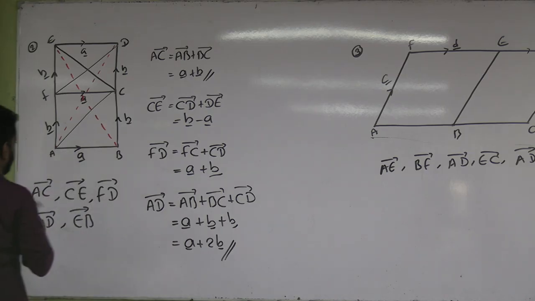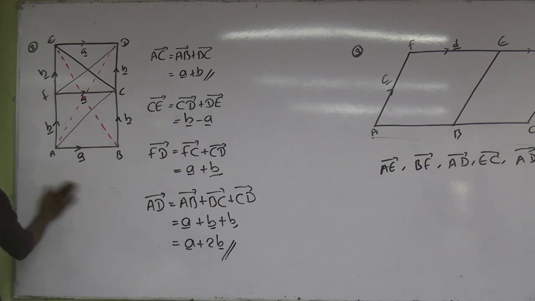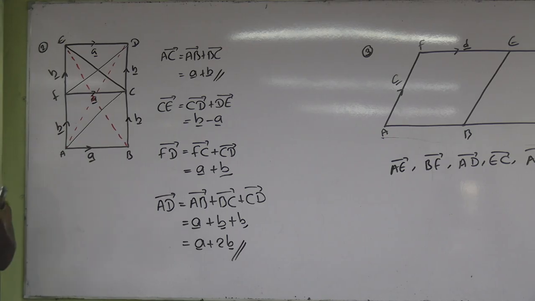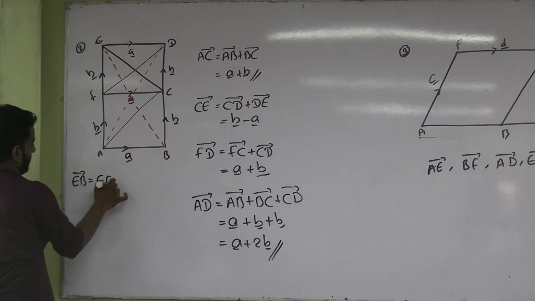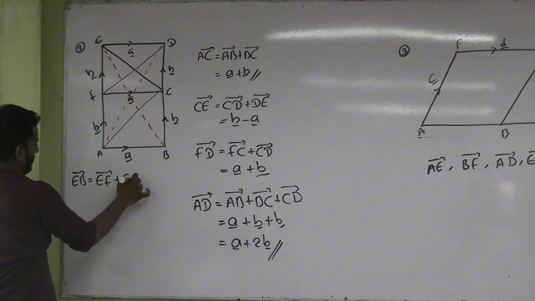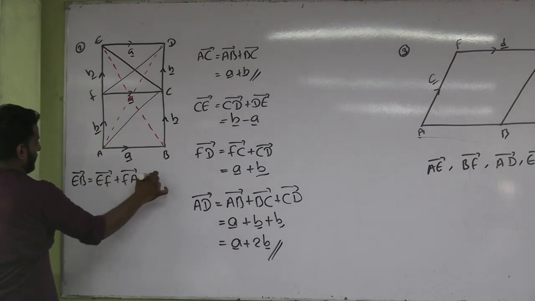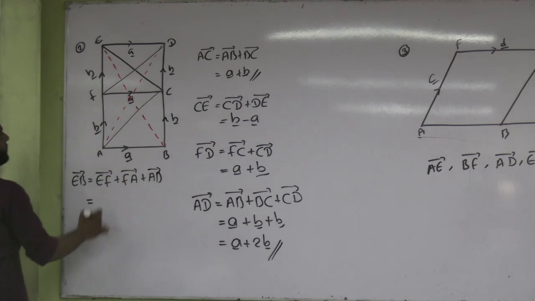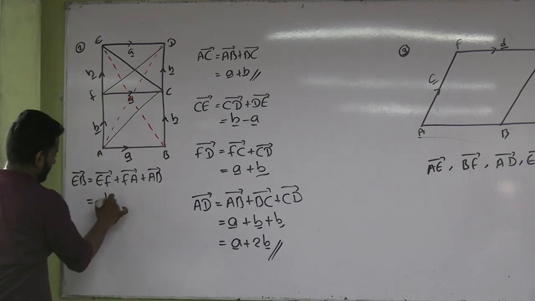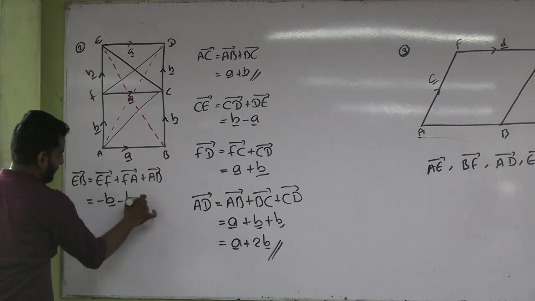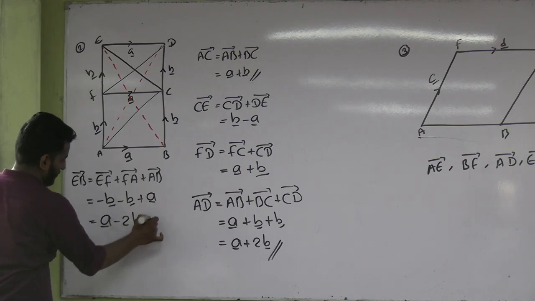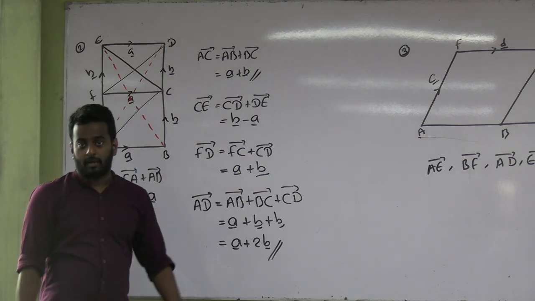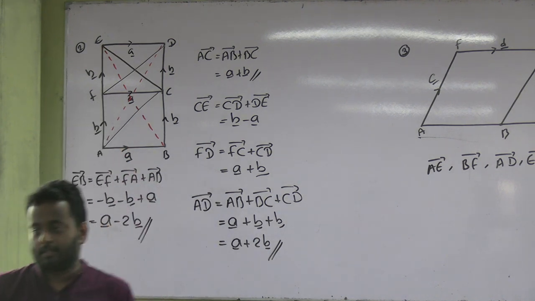So you can write EB equals EF, FA, AB. So EF means simple B and this is simple B plus this is equal to A minus 2B. So let's check whether the answers are right.